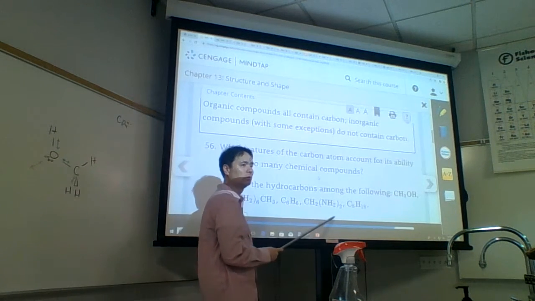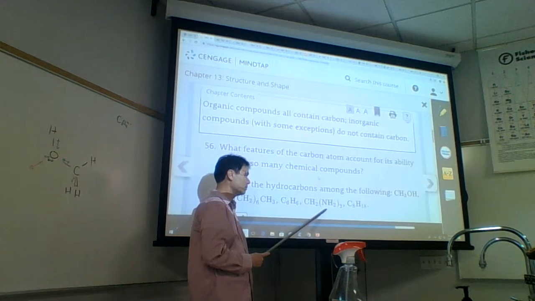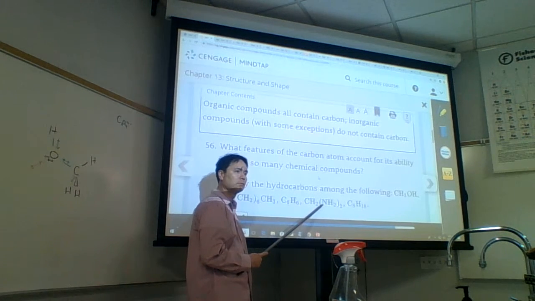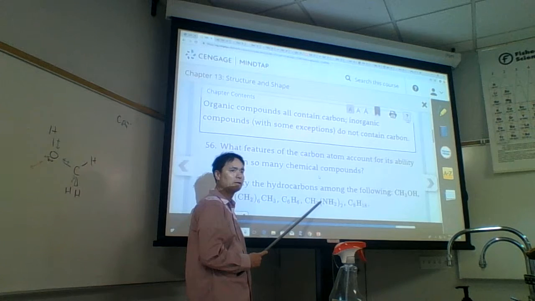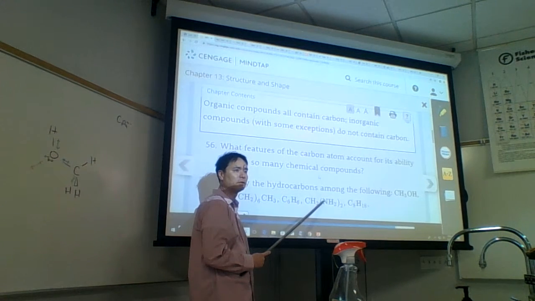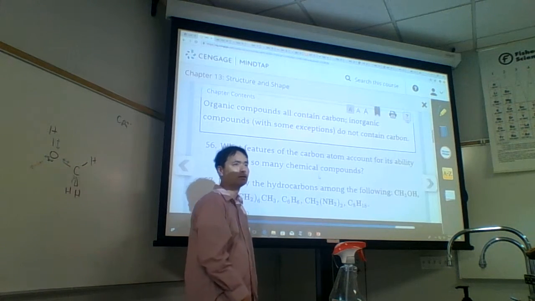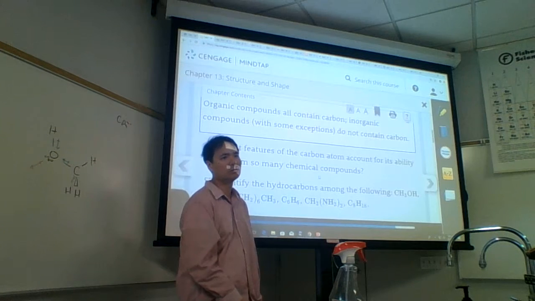CH2NH2? No. This is a different kind of organic compound. Do you know what this one's called? We did 2 of them yesterday. I don't know if anybody wrote it down. C2H5NH2 was one of them, right?